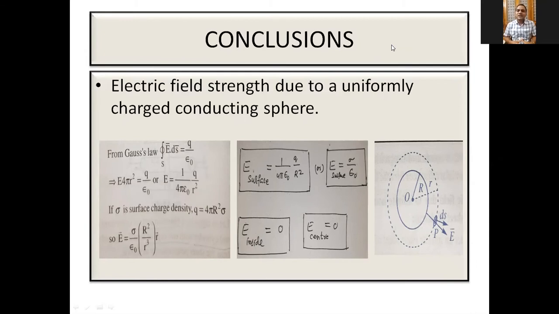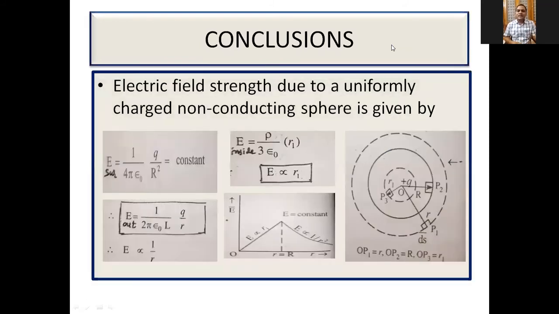Since there exists no charge inside the conducting sphere, charge always resides on the surface, so the field strength inside the conducting sphere at every point is 0, hence the field strength at the center also equals 0. Then we discussed the field strength due to a uniformly charged non-conducting sphere. Here also we saw three cases: outside, on the surface, and inside and at the center.